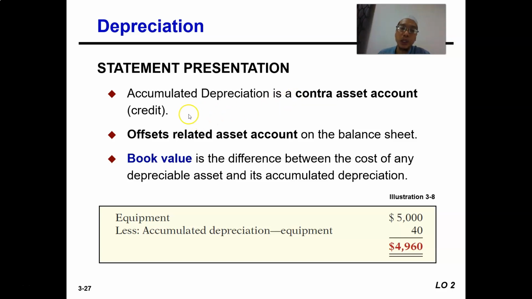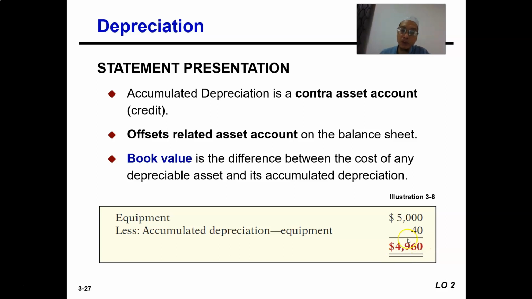Okay, so in the balance sheet, we will show this in the box here. It will show equipment at the cost of the equipment, $5,000, but we will also show the accumulated depreciation of $40. So the balance is $4,960. This is the expected benefit that we will receive from the asset in the future. We have used up $40.